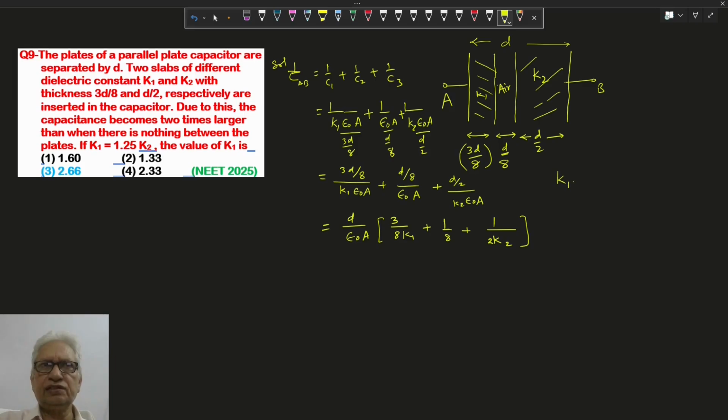The question gives K1 as 1.25 K2. So K2 will be K1 upon 1.25. Here d upon epsilon naught A times 3 by 8 K1, plus 1 by 8, plus 1 by 2 K1 goes up as 1.5.